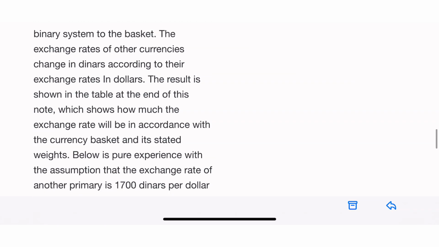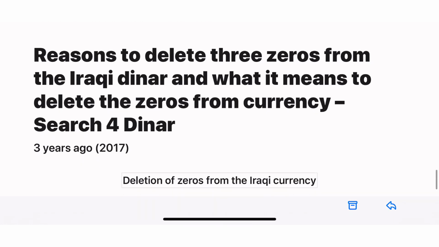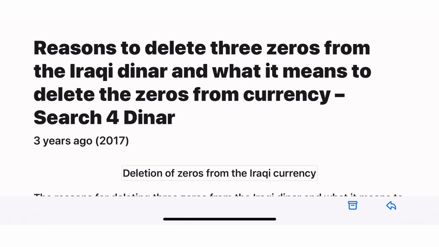And then at the end, guys, I just have a standard article that you've seen multiple of these, an older article from 2017-ish, and they talk about the deletion of the zeros and how they're going to use smaller notes to replace larger notes at an increased rate.